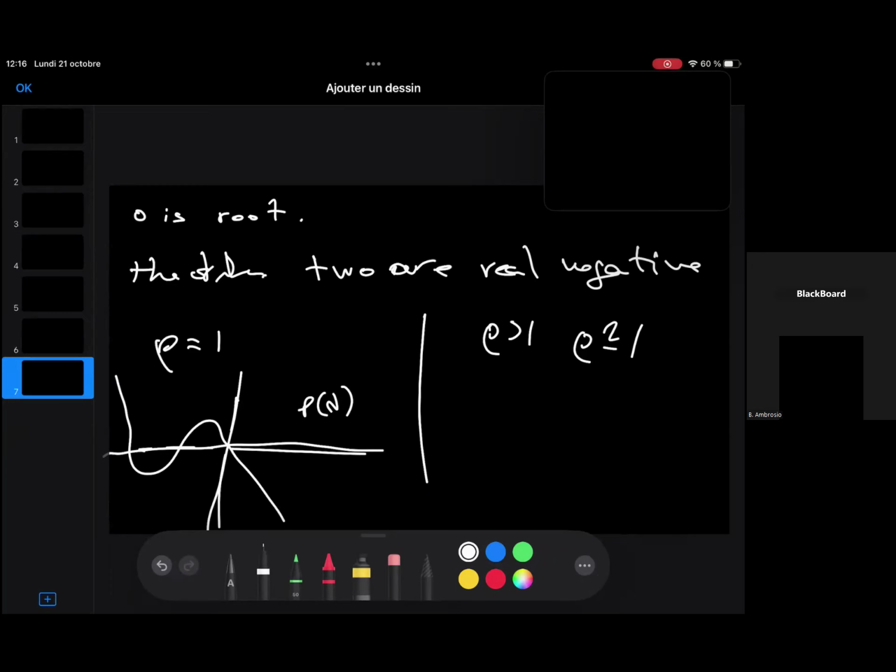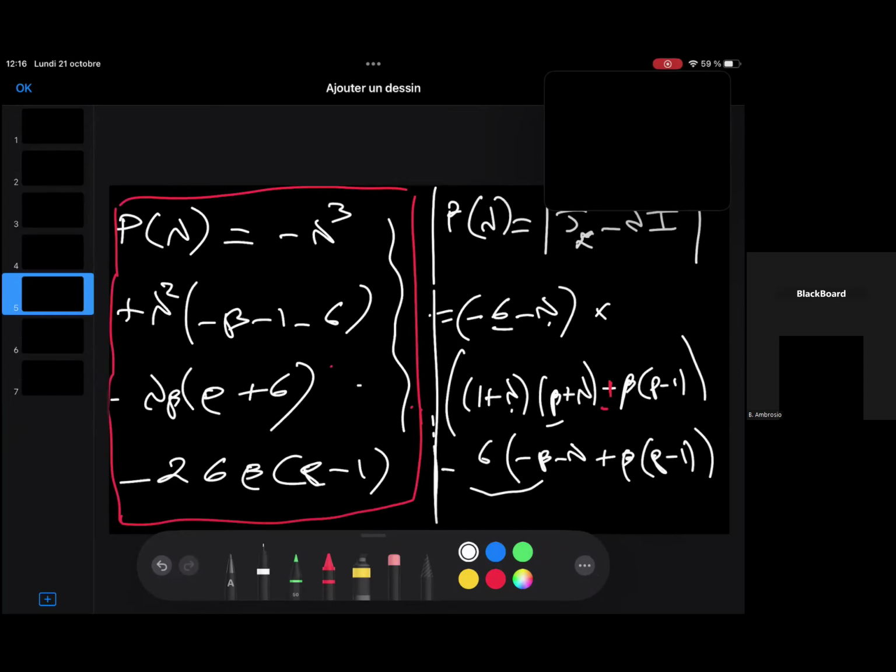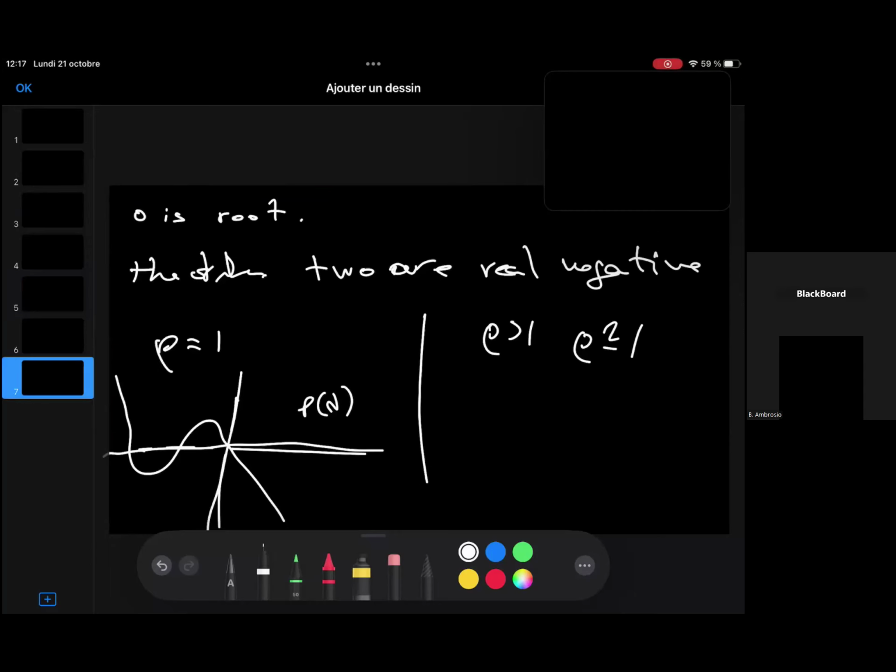And when rho becomes greater than 1, the derivative at 0 stays negative from that, and the value at lambda equals 0 is this quantity, which is negative for rho greater than 1. So finally, I get something like that.